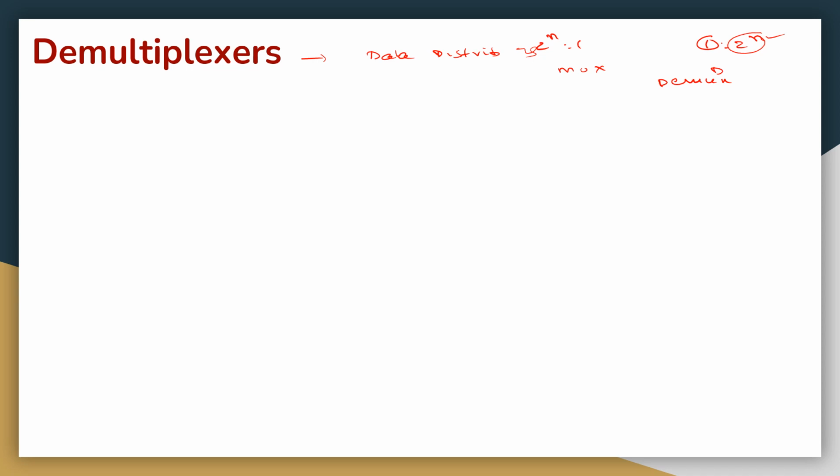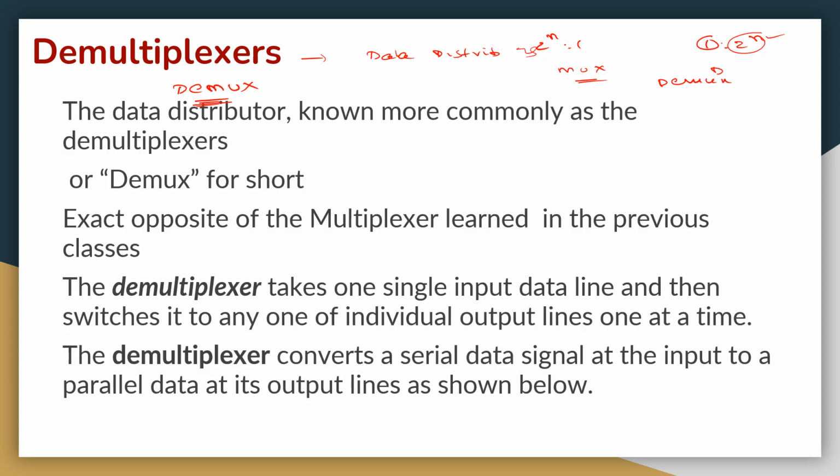This can be abbreviated as DEMUX. Multiplexer is MUX, and demultiplexer is DEMUX. The data distributor, more commonly known as the demultiplexer, is abbreviated as DEMUX. The function of DEMUX is the exact opposite of multiplexers learned in earlier classes.